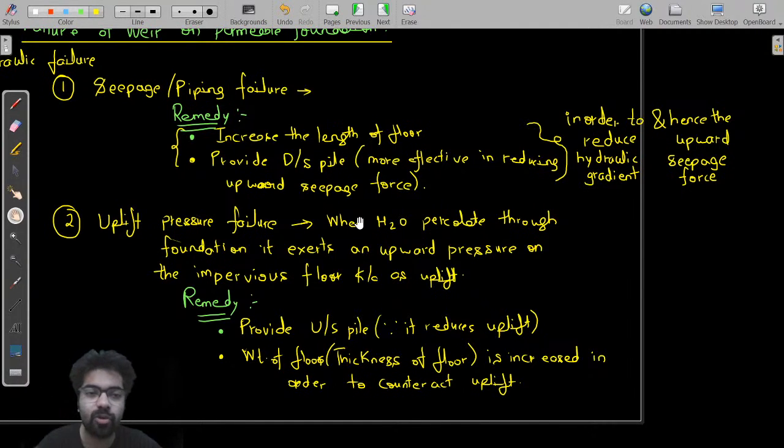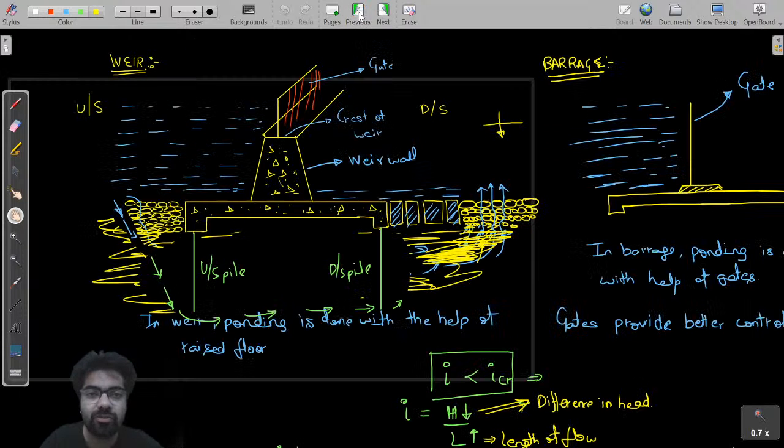But at the starting of the floor, uplift pressure is highest. If anyone asks you where uplift is highest, you will say at the starting point. But as soon as the water starts percolating and moves ahead, your uplift pressure will reduce. You all have to remember this thing. No problem, sir. Let's move ahead.